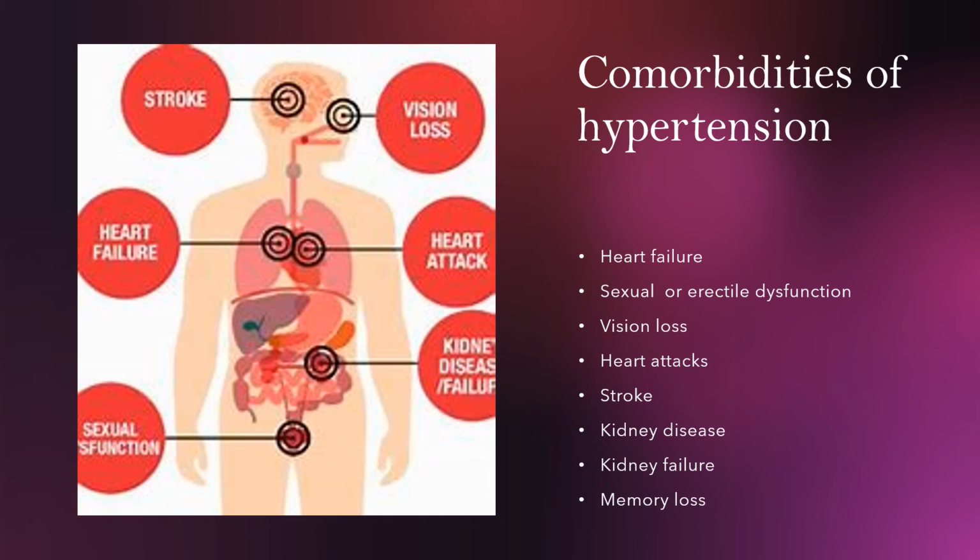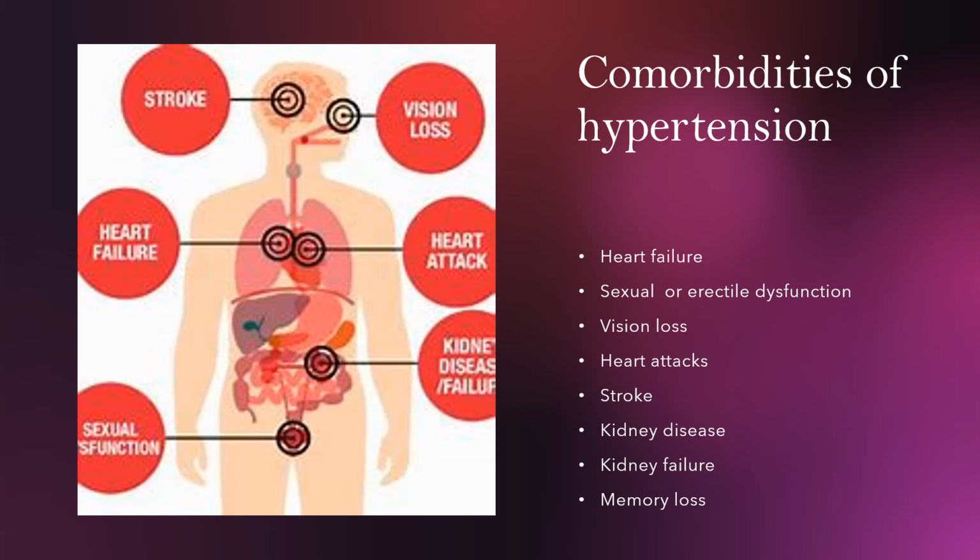This will help you relay that information to your healthcare provider to adjust your medication accordingly for you. It's also important to monitor your blood pressure adequately, at least twice a day, as soon as you wake up in the morning and before you go to bed. On this slide, we're going to talk about comorbidities of hypertension.